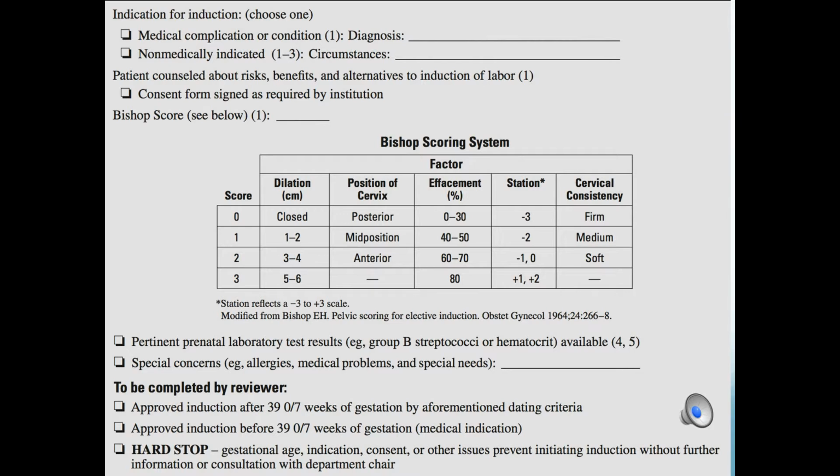Minimally, there should be hemoglobin or hematocrit plus screening for group B streptococci. If in your institute you are not screening the whole population, then you have to cover your patients according to the protocol of the labor room. Special concerns like allergy, medical problems, and special needs should also be documented.